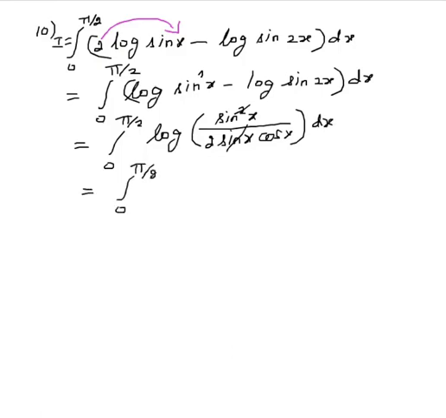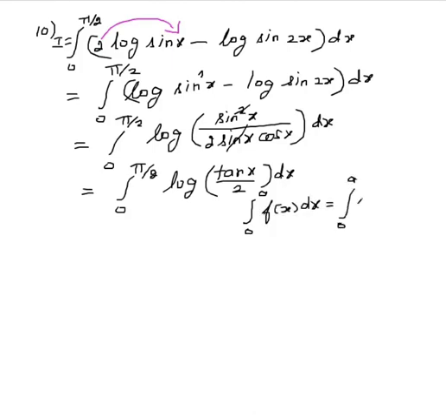Therefore, the function becomes log of tan x divided by 2 dx. So far we have simplified the integrand, the given function. Now we are going to use the property integral 0 to a of f(x) dx is equal to integral 0 to a of f(a minus x) dx.